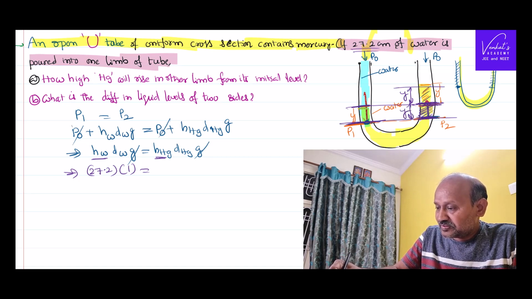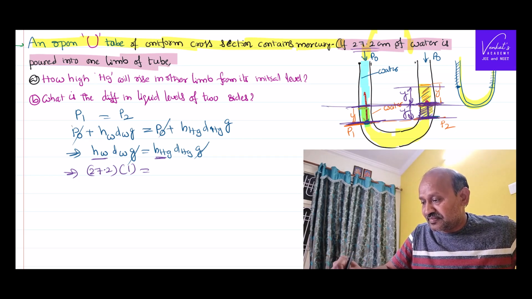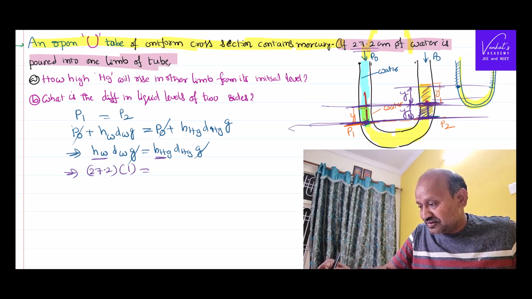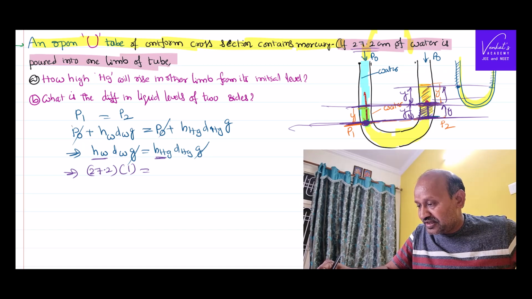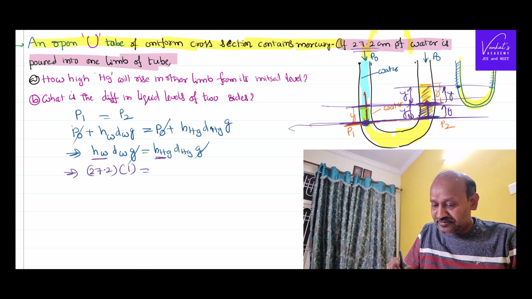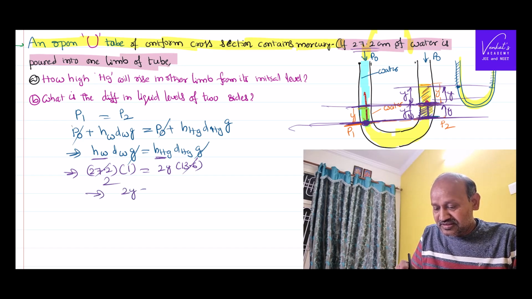Hope you got this right. From here, the level is only y, but you are calculating from here because this is the point you have taken into account. So, from the depressed level of the left side, on the right side it is raised by y and y, that is 2y. The density of the mercury is 13.6 gram per cc. 13.6 times 2y is equal to 27.2, that is, 2y equals 2.